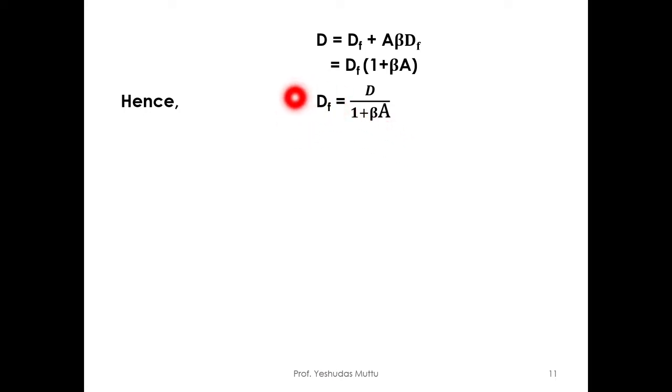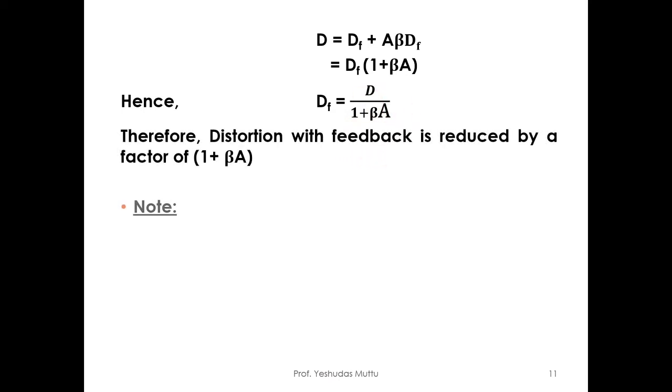It is nothing but distortion with feedback. D is distortion without feedback. Now, DF is inversely proportional to this particular term. Again the same thing, your denominator will be very large. So, what will happen to DF? It will be very less, which means with feedback distortion is reduced by a factor of 1 plus beta A. I hope this is clear to you all.